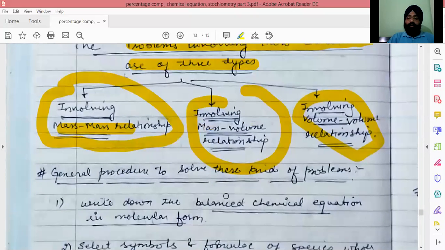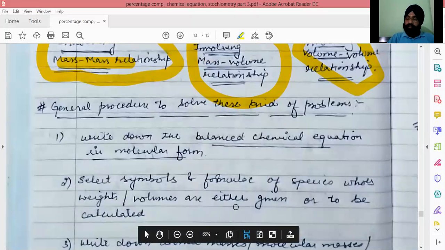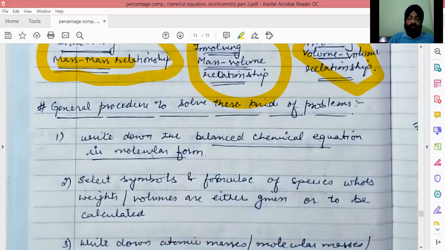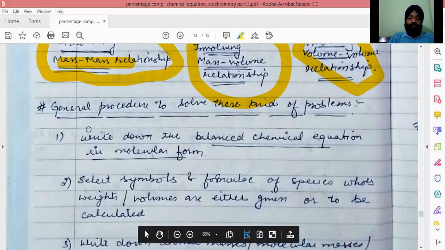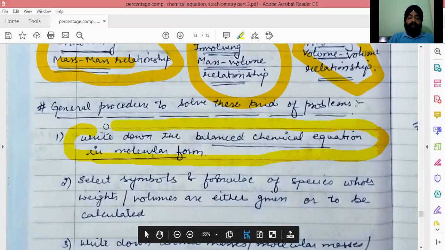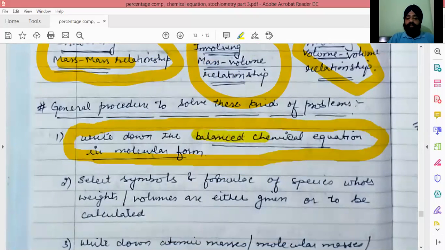Now, generally, there is a procedure to proceed for the solution of these problems. The general procedure is, first of all, you have to write a chemical equation for the reaction given in your problem, and that chemical equation must be balanced.